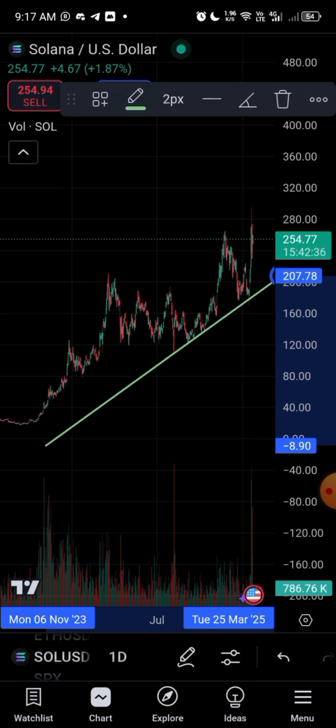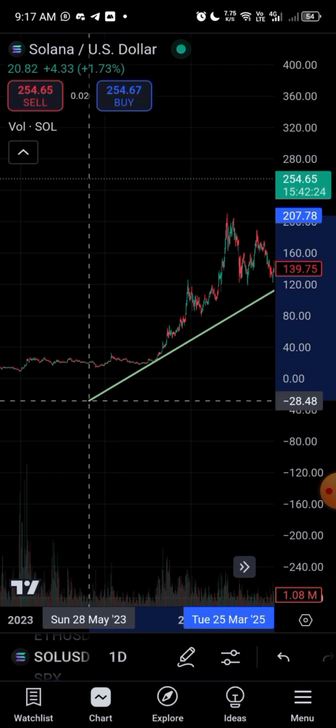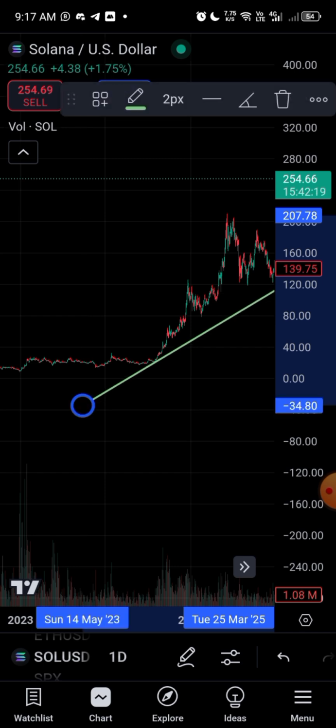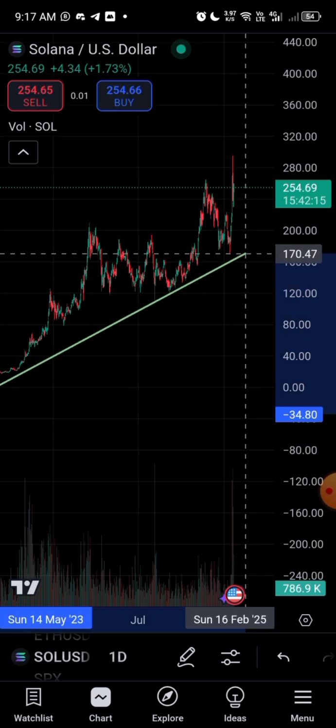First of all, to pick the trend of the market, you must connect two lows. One should be higher than the other. Now if I pick this point, that is a low. This was the low before this move up.